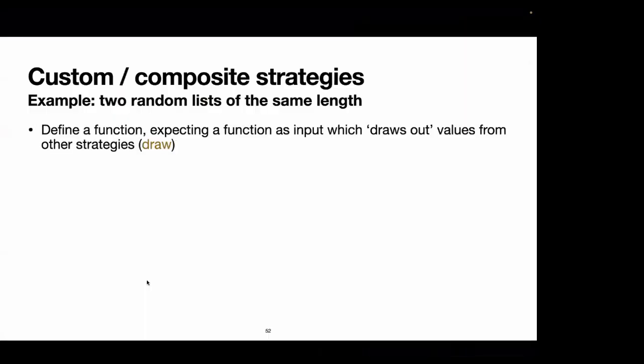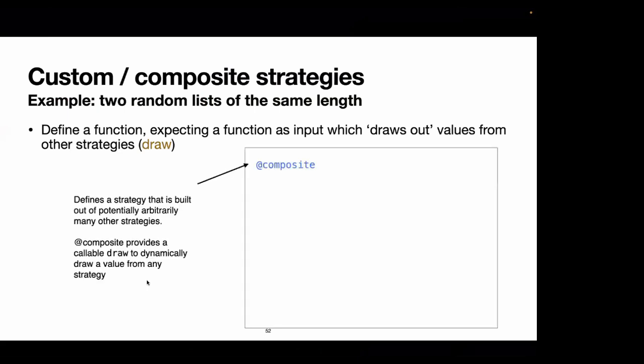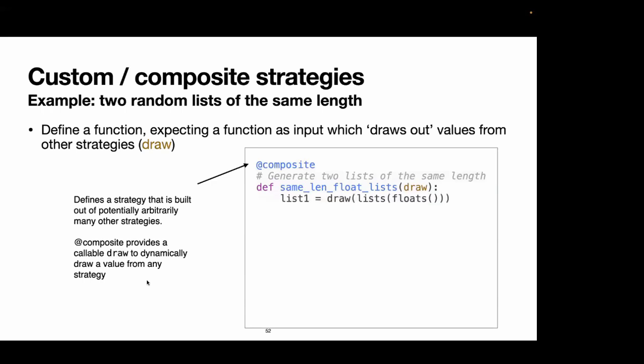So we can do that with a special decorator called composite, which lets us define our own generator out of other generators. So I write composite like this. This is going to let us build a strategy, and we then write a function that takes this argument called draw. Draw is a function that we can use to dynamically pull out a value from another generator.